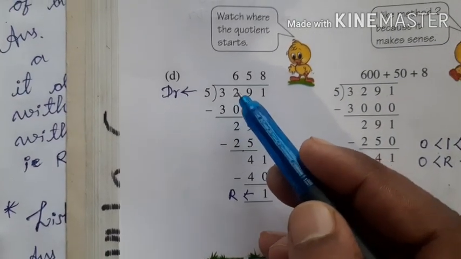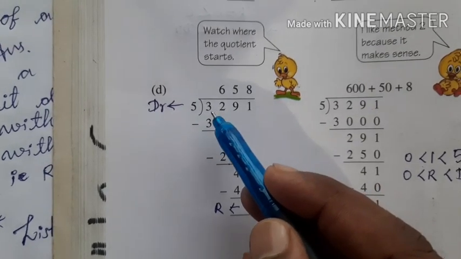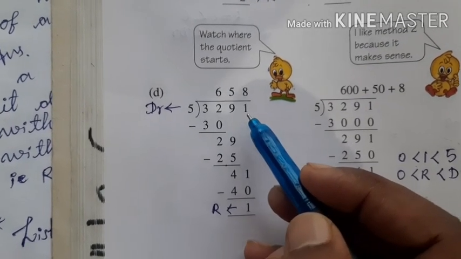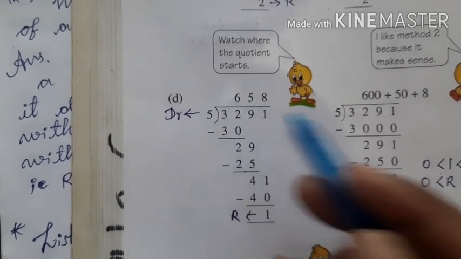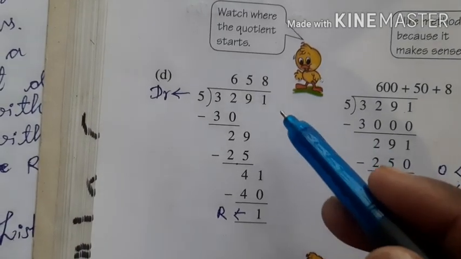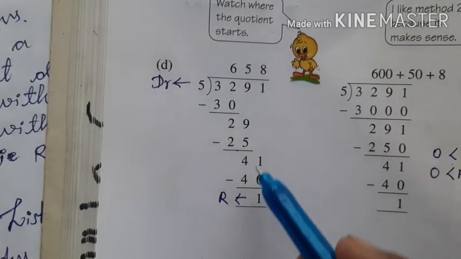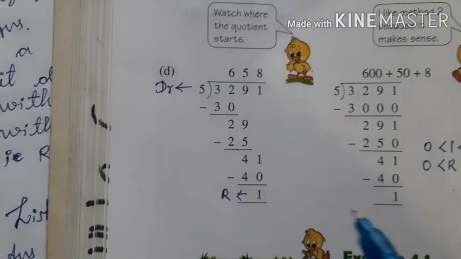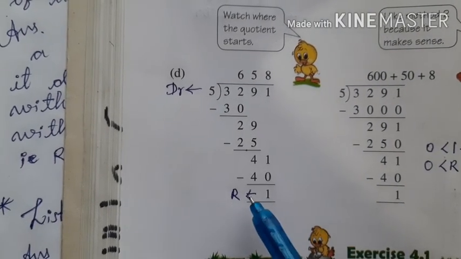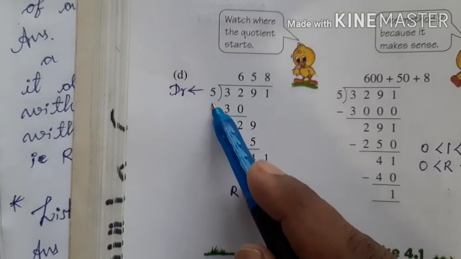So let us take one more example. Here 3,291 is divided by 5 and here 5 is the divisor. And after performing the long division, the remainder left is 1. Here the remainder is greater than 0 but less than the divisor 5.